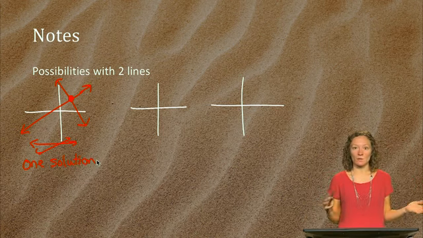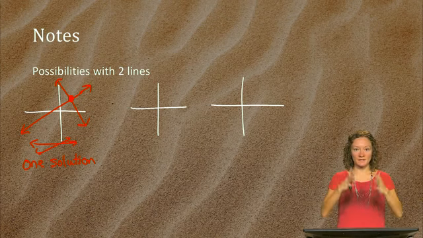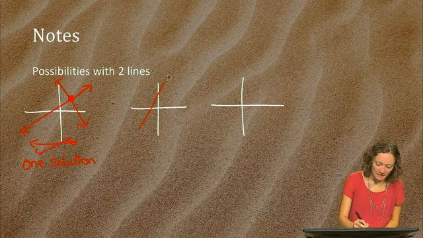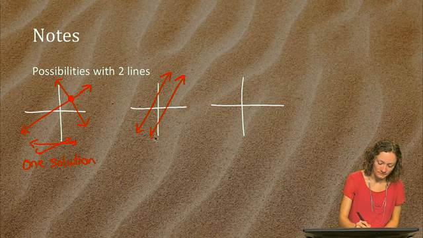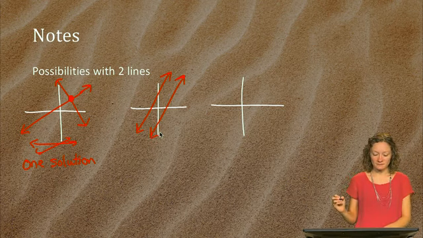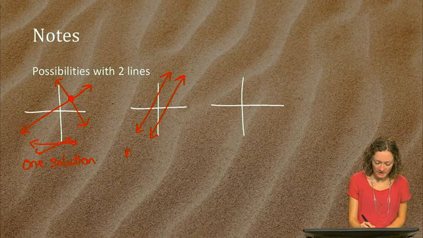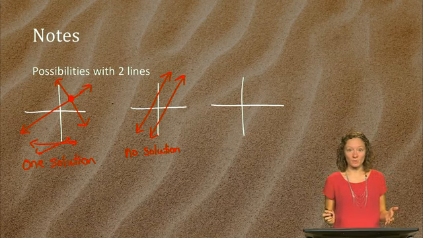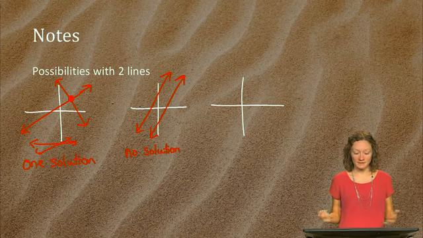Okay, what else could happen? What else could two lines on the same plane, how could they interact? Another possibility is that the two lines are parallel, and if that's the case, then you'll have no solution. We're looking for where they intersect.